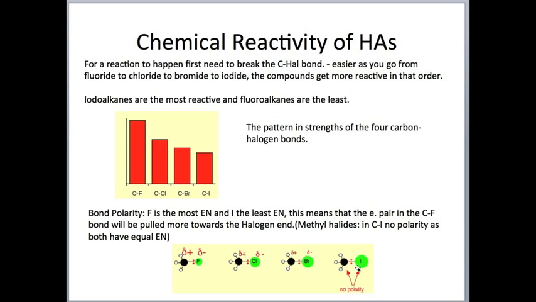And as we go down to iodine and carbon, there's almost no polarity because these have similar electronegativities. Bond polarities are important in relation to halogenoalkanes because they undergo a set of reactions where the halogen is replaced by something else, and these are called substitution reactions. We will cover these later when we discuss nucleophilic substitution reactions.